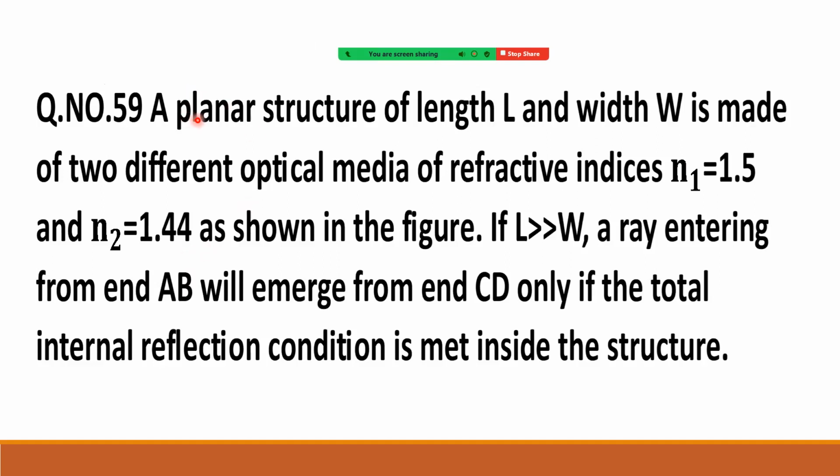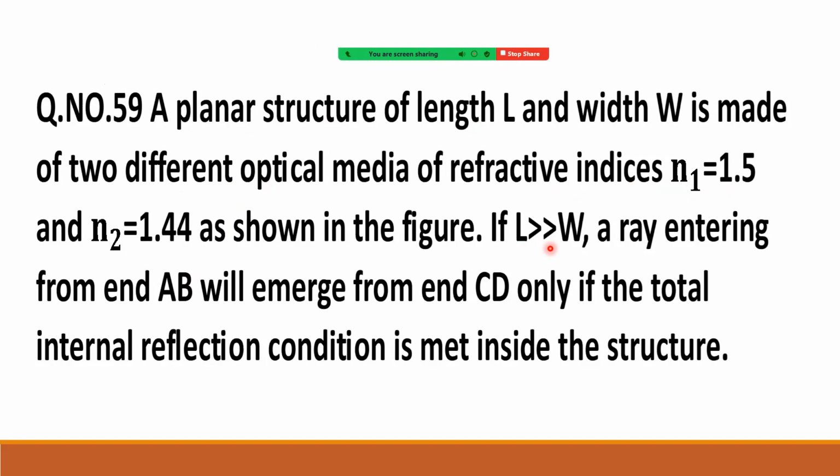A planar structure of length L and width W is made of two different optical media of refractive indices N1 equal to 1.5 and N2 equal to 1.44 as shown.